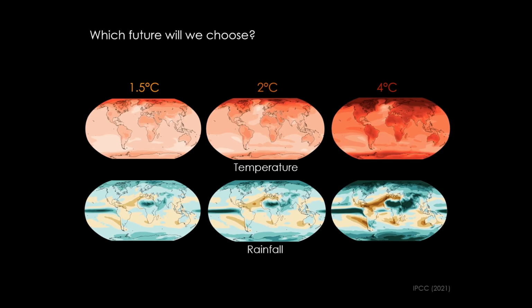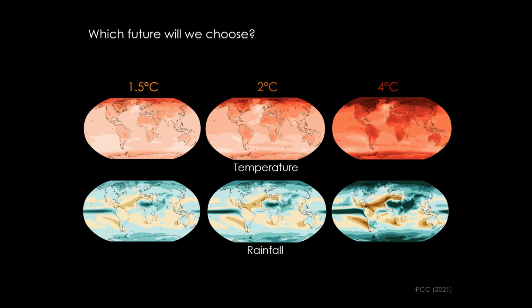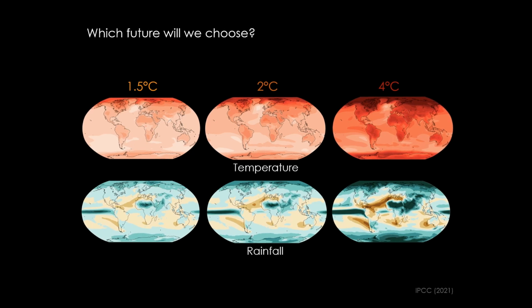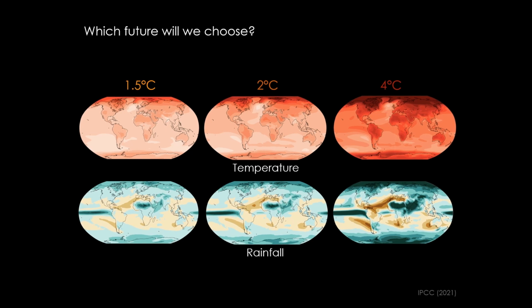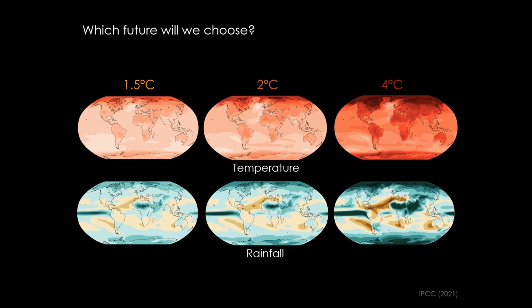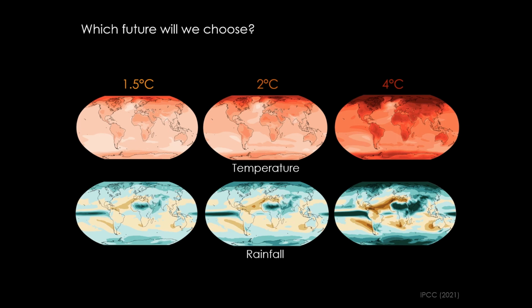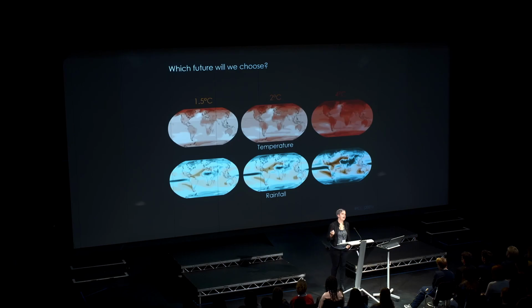Now, this 4-degree world at the right-hand side, that's what would happen if we just kept on increasing our emissions of greenhouse gases every year, maybe doubling them by the end of the century or a bit more. By the end of the century, we would get to something like 4 degrees. Again, 4 degrees maybe doesn't sound that much, but you can see some of the temperature changes here are really big.